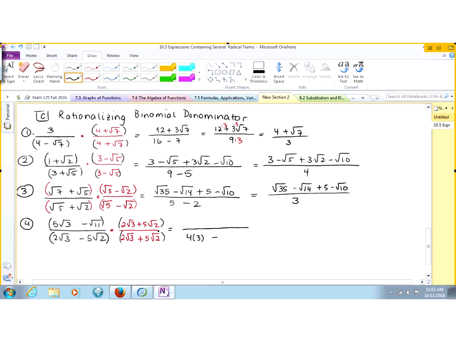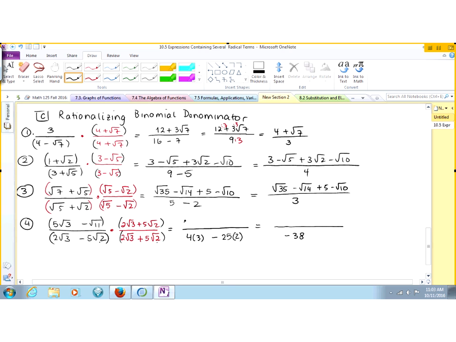Minus, so 5 times 5, 25. Square root of 2 times square root of 2 is 2. All right. So what is it? 12 minus 50? What is 12 minus 50? Negative 38? Okay.